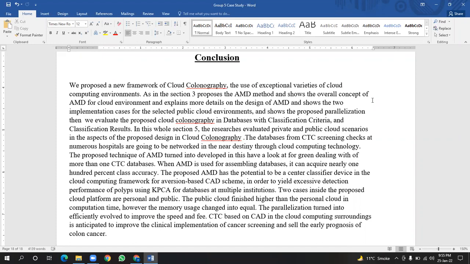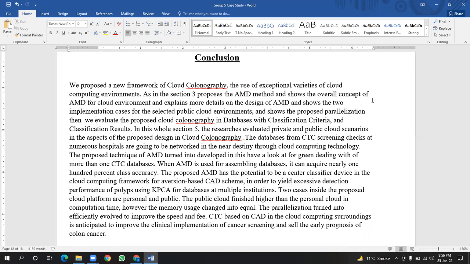We evaluated the proposed cloud chronography in databases with the classification criteria, and to find out the result of the classification, in the whole of section 5 the researchers evaluated the private and public cloud scenarios for the proposed design in cloud computing.